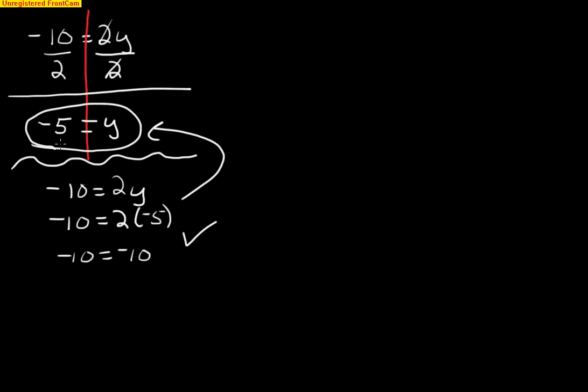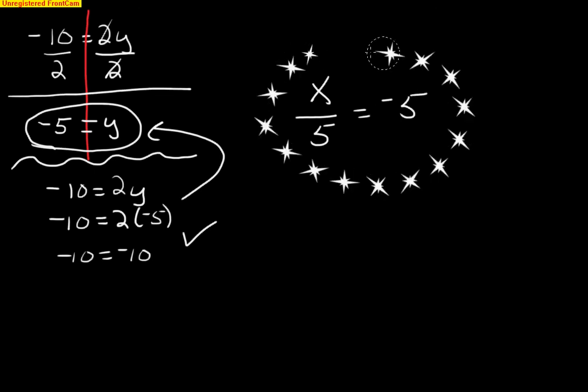Okay, so off to the side, if you want to try this on your own, let's look at this one. How about x over 5 equals a negative 5. Okay, so that's your star problem to go through on this one.